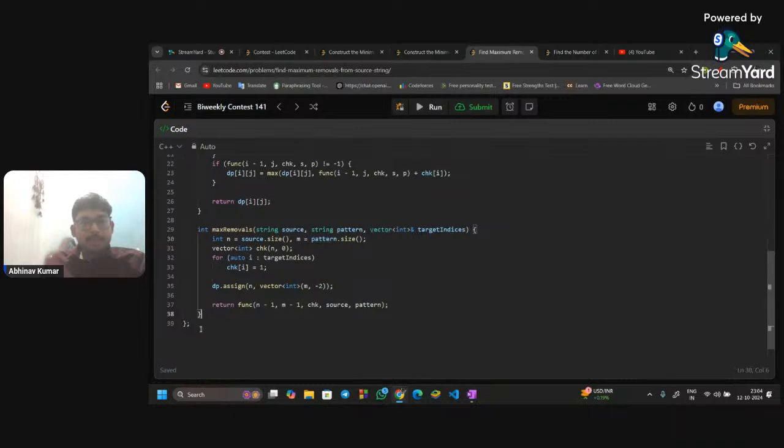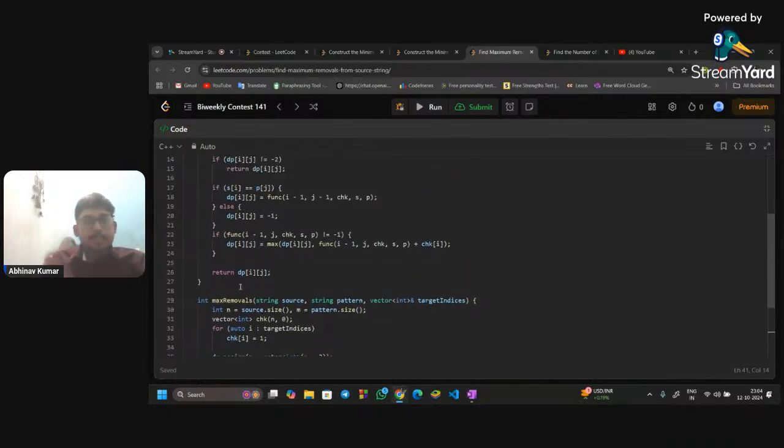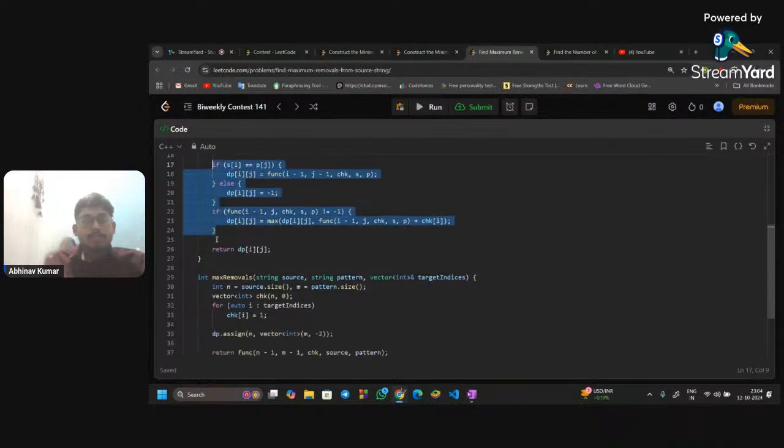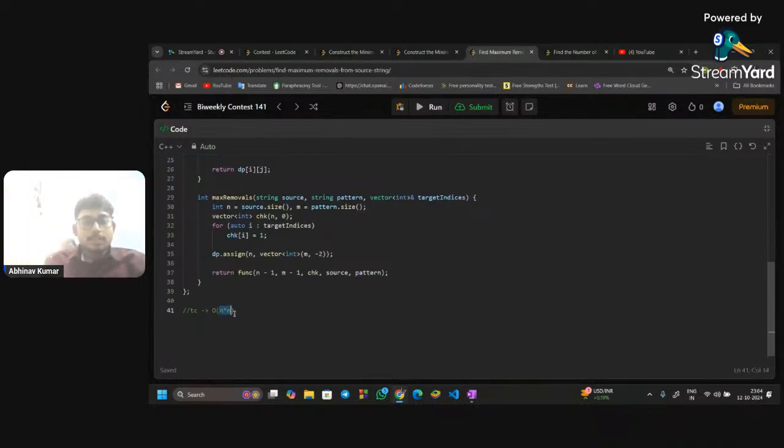So basically the overall time complexity I can write is, my dp states are n cross n, so order of n into n, and my transitions are all order of 1, so no extra complexity for my transition. So n into n is my state, so O(n square) is my time complexity. And if you talk about space complexity, that would be order of n square only, because you are taking a dp which is an n square sized vector.